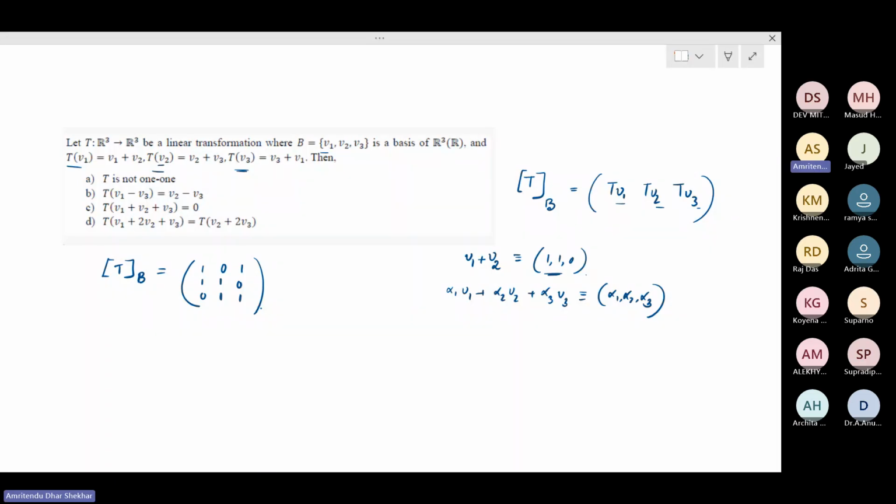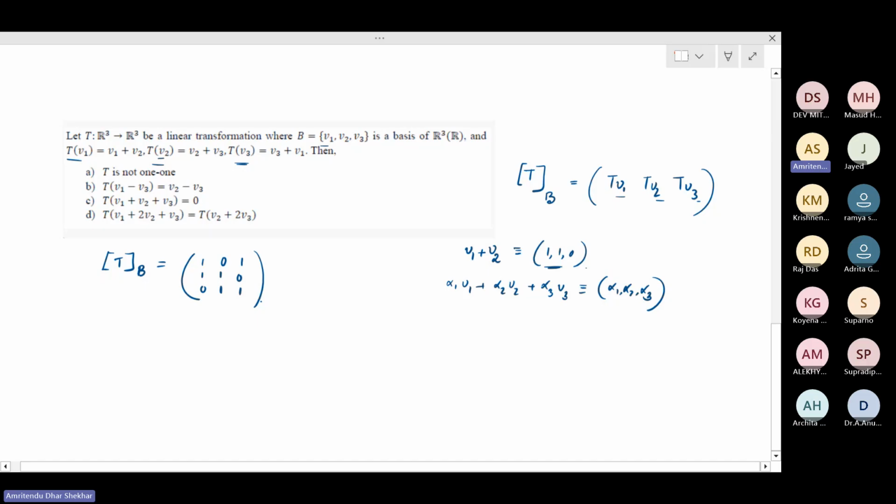And now you can decide if the map is 1-1 or not. If the map is 1-1, that means, because T is a map from R3 to R3, the rank of T is equal to 3, which means the determinant of T must not be equal to 0.